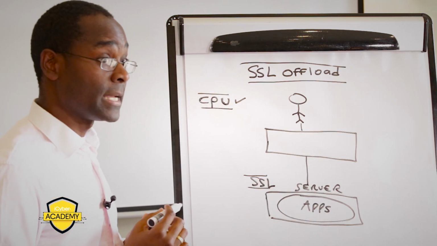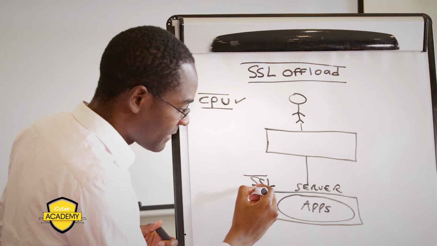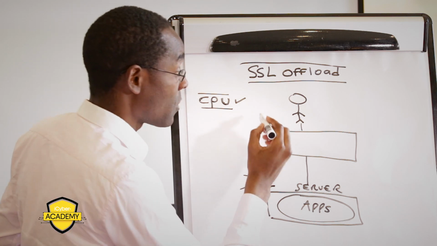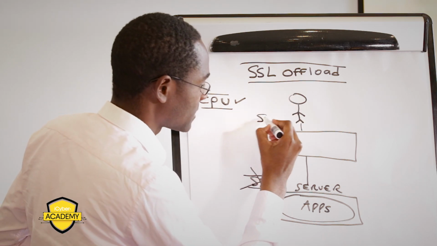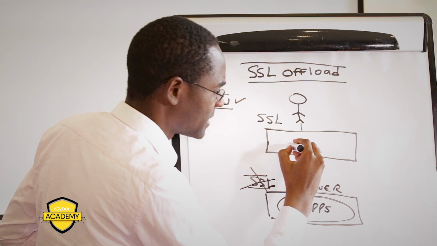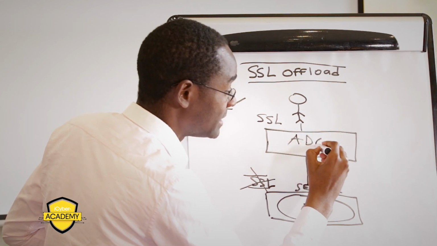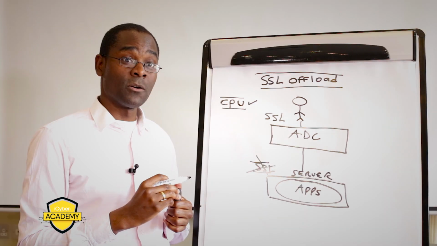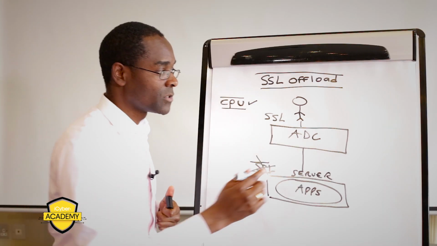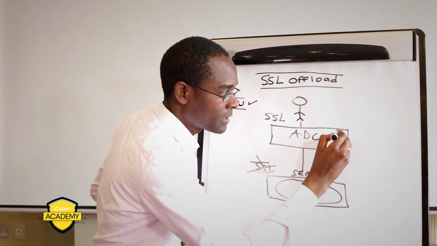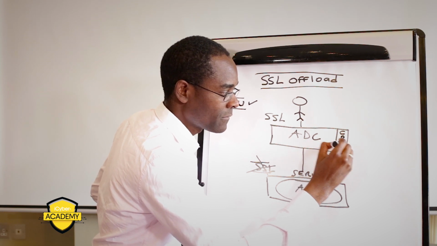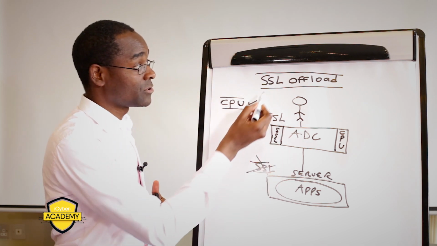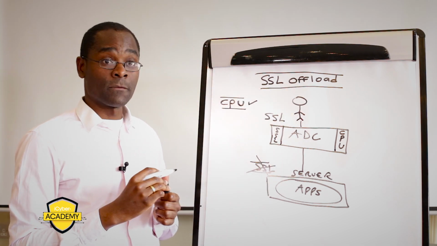Essentially, I don't need to have any of the SSL on my backend server. I can offload it to this device. Why? Because these devices are usually designed to cope with a huge amount of SSL transactions, given that it's very CPU intensive. They will have specialist cards to cope with all the hard SSL work. That's essentially what we refer to as SSL offload.